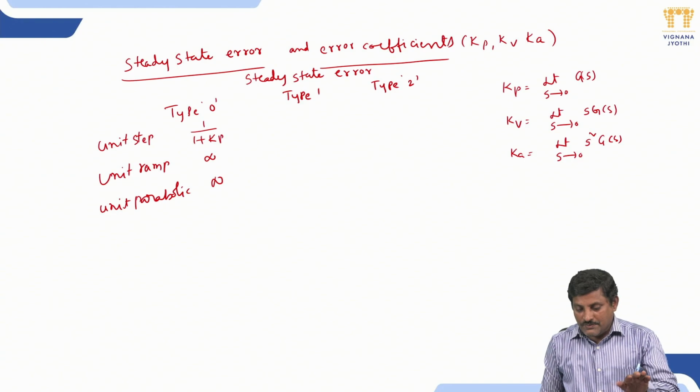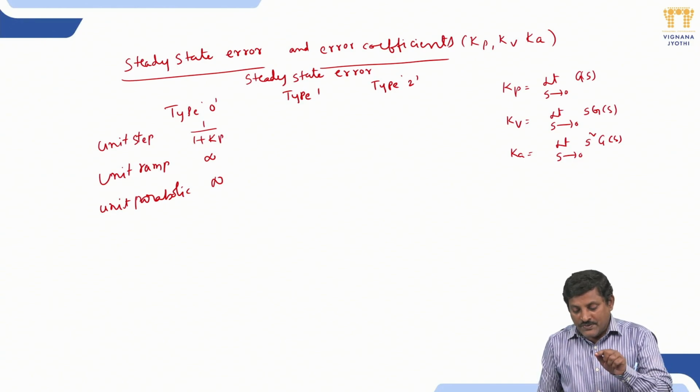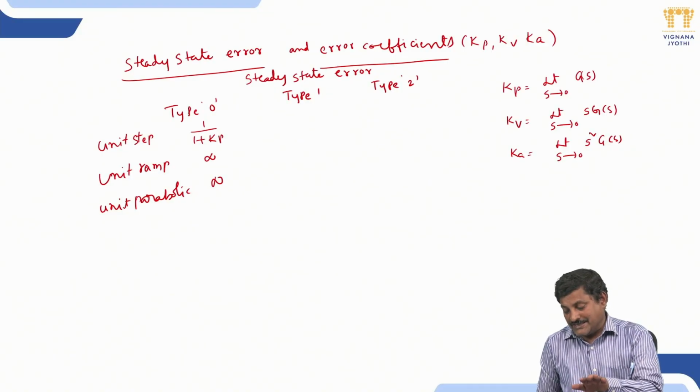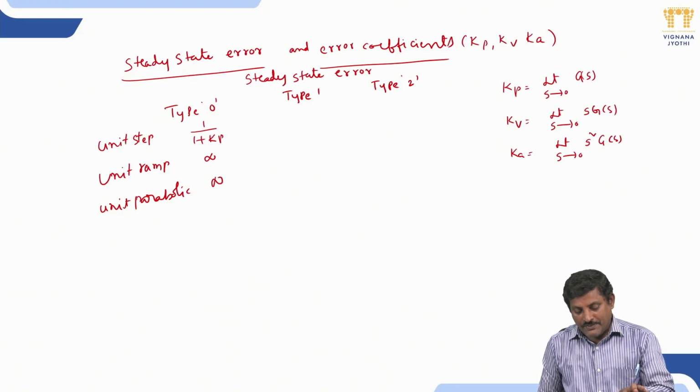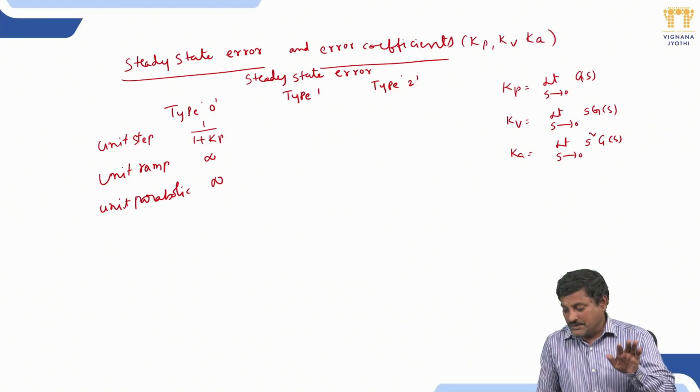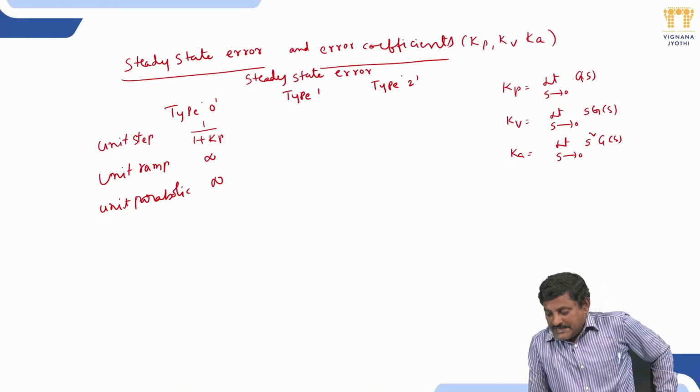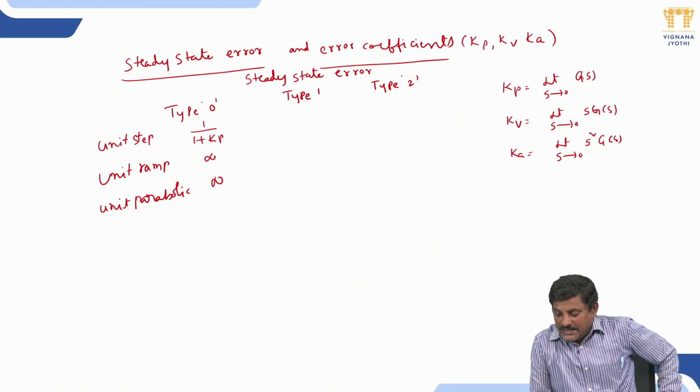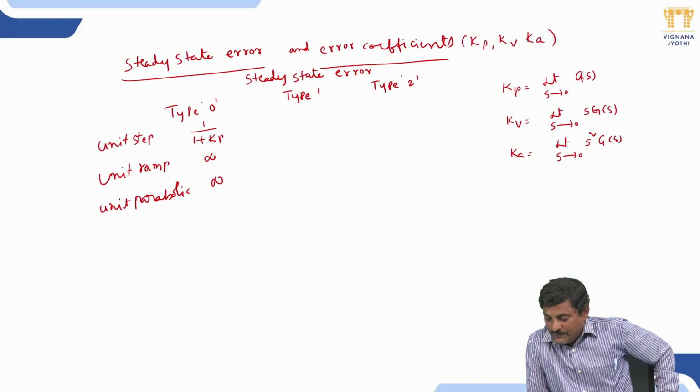Clear? So this is about the steady state error analysis. You have to complete the type 1 and type 2 system steady state errors subject to unit step, unit ramp, and parabolic inputs.